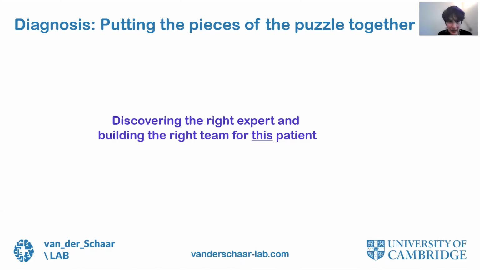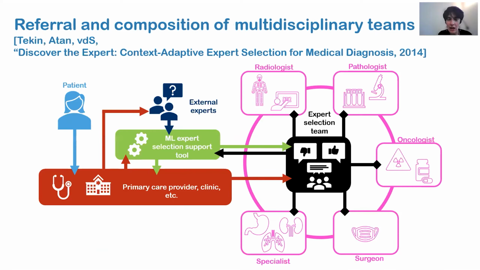Now, we need to realize that many clinicians may need to be involved in putting the pieces of the puzzle together. And another type of thinking where machine learning can potentially help is building teams of clinicians with different types of specialties to diagnose the patients faster. Currently in the UK, there is discussion of putting out centers that diagnose patients early. And this is often the case in the United States as well as in many other countries.